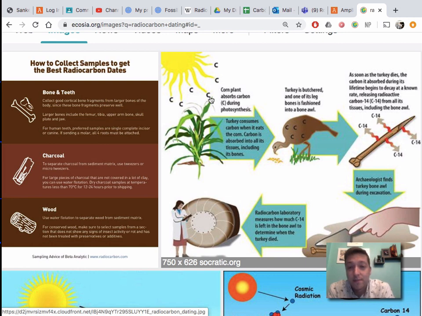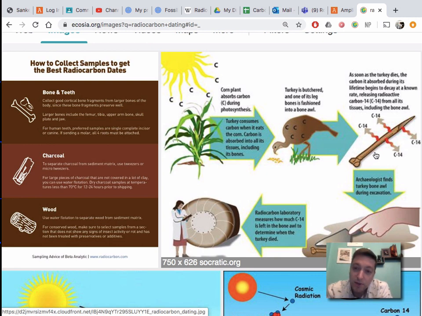This is not the normal carbon that we have in most of the earth. That's carbon 12. So when a creature, such as a turkey, eats the plant, it absorbs the carbon 14.